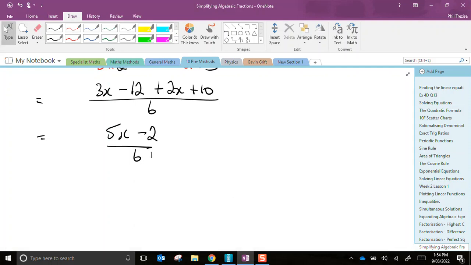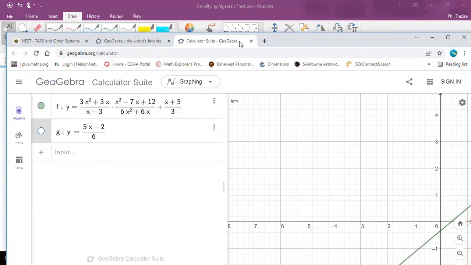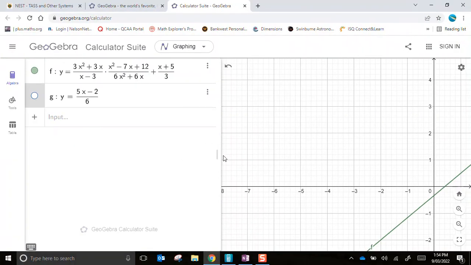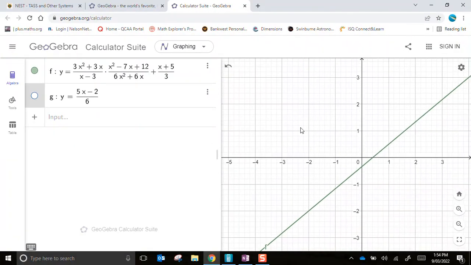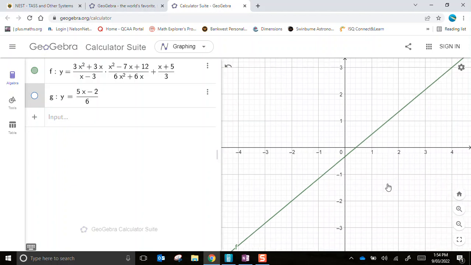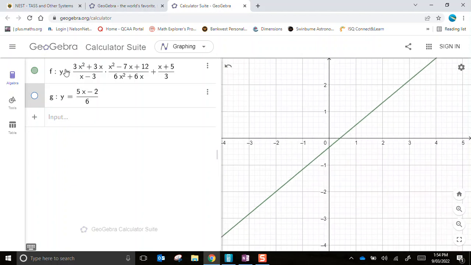Now, I'm just going to show you a quick little way to check your working. So, of course, you can look in the answers in the back of the book, but we could do this. There's my first expression that I was given, in all of its lovely complexity, and I just entered this into my graphing calculator here as y equals this lovely function, and it turns out to be this beautiful green straight line.